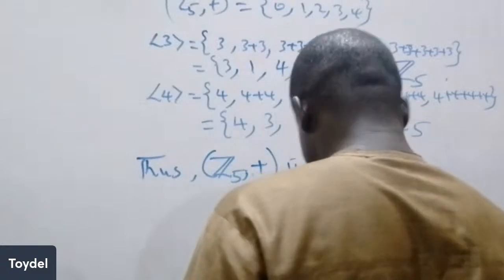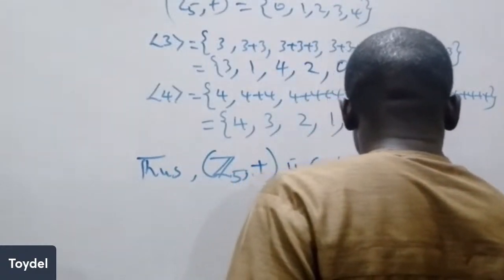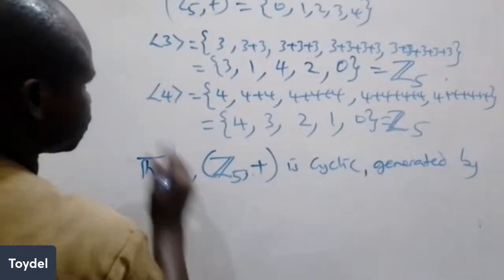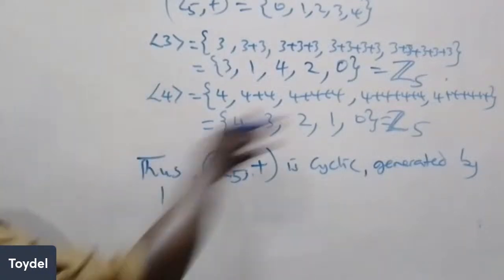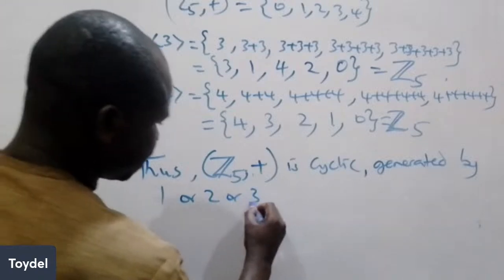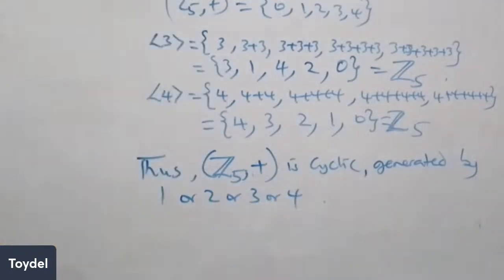It is cyclic, generated by either 1, when we have 1 we got Z5, or 2 is the same thing, or 3, or 4. Apart from the 0, when we have all these, we are able to get the answer.